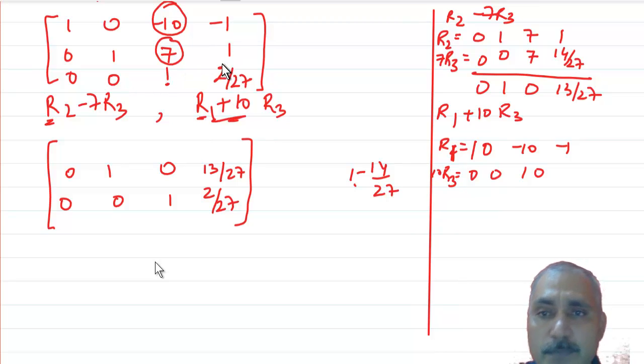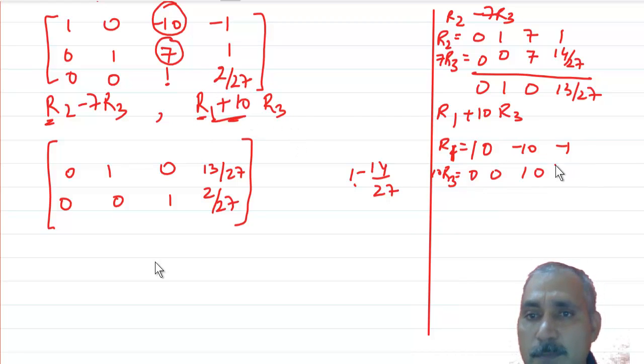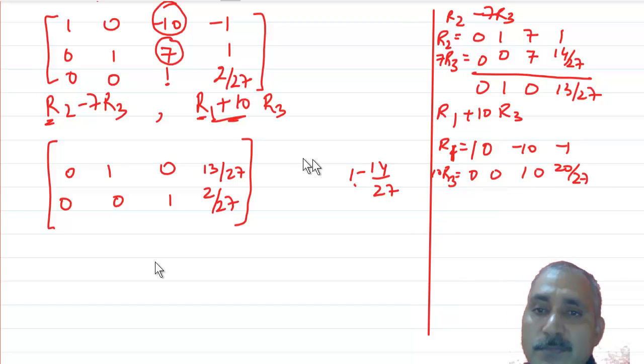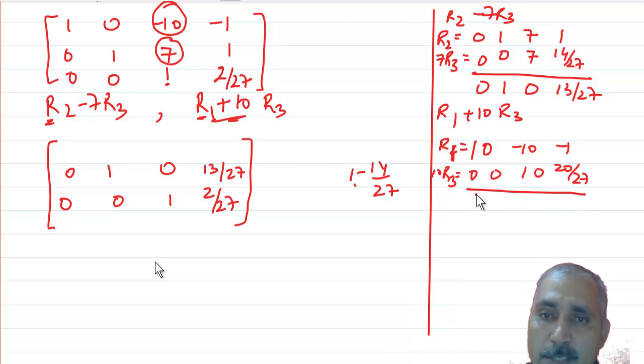So we are multiplying R3 by 10, 2 into 10 is 20, so it will become 20 by 27. So here 1 minus 0 is 1, 0 minus 0 is 0, minus 10 plus 10.